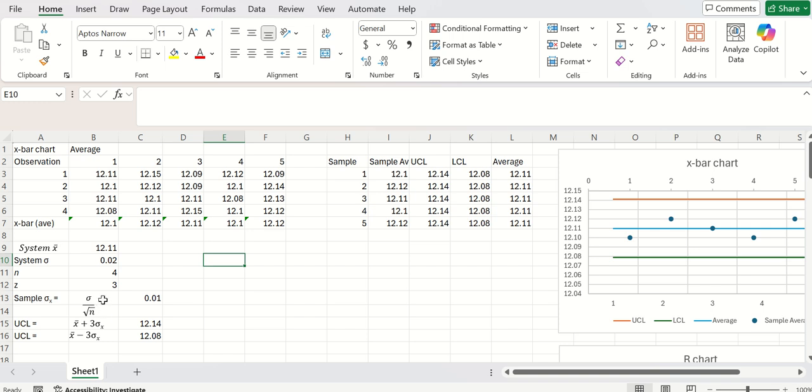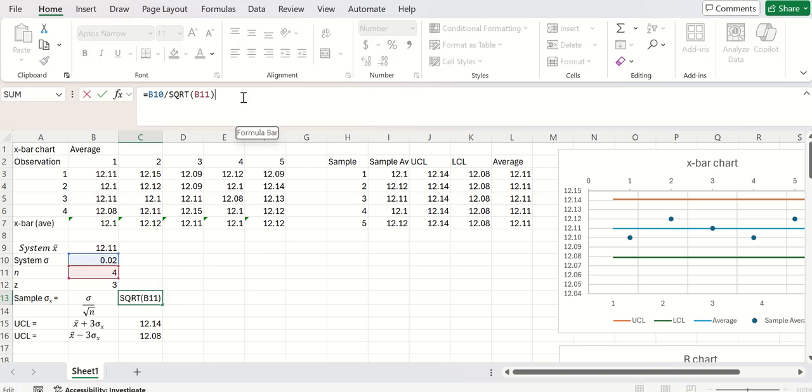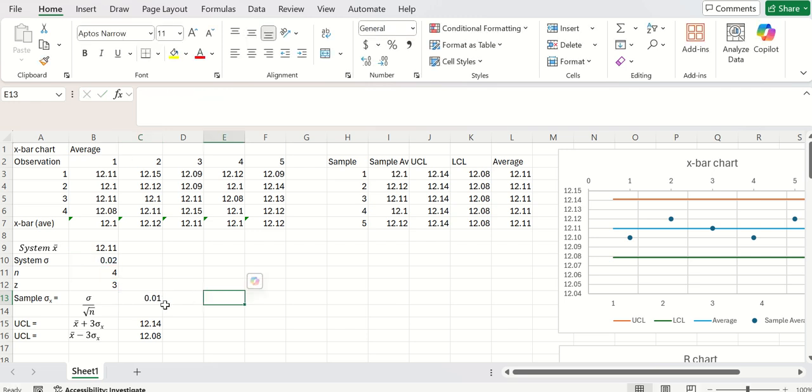The sample standard deviation is the system standard deviation divided by the square root of the number of items in a sample. I'm going to highlight this so you can look at it. It is the system standard deviation, cell B10, divided by the square root of B11, and B11 is 4. That's how we came up with 0.01.